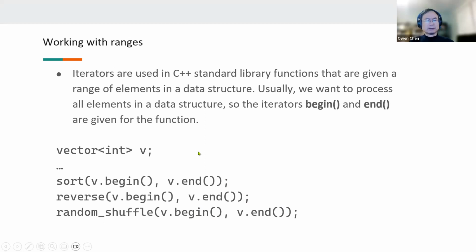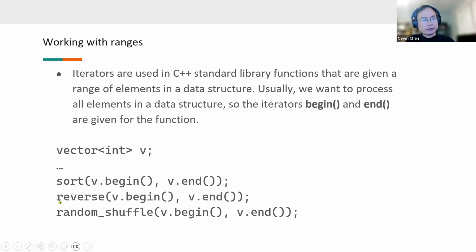And even the vector has begin and end as well. For a vector, the elements are not automatically sorted, unlike set or map, right? So you can call the standard template global function called sort. Just put the beginning address and then the end, and without returning anything, it automatically sorts the elements in ascending order.